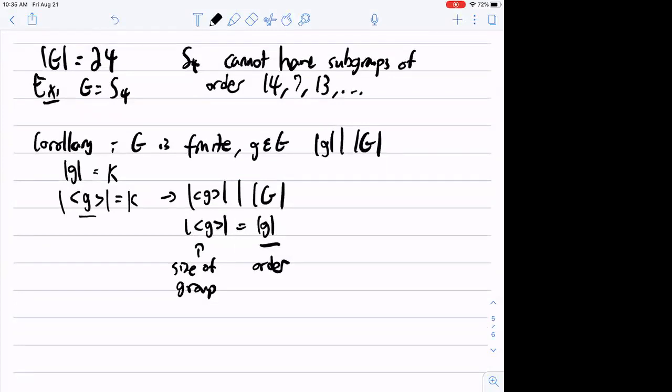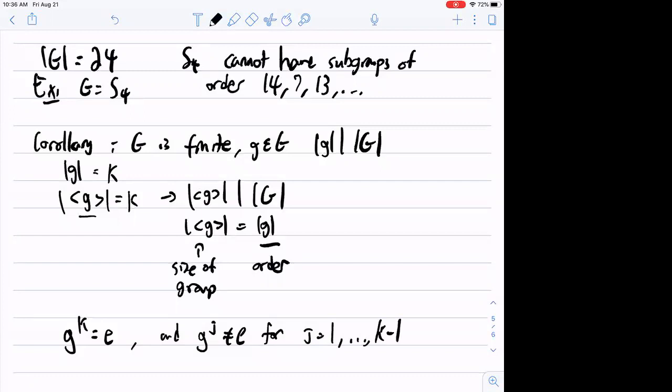Because if g to the k is E, and g to the j is not E for j from 1 to k minus 1, that's what it means to have order k.